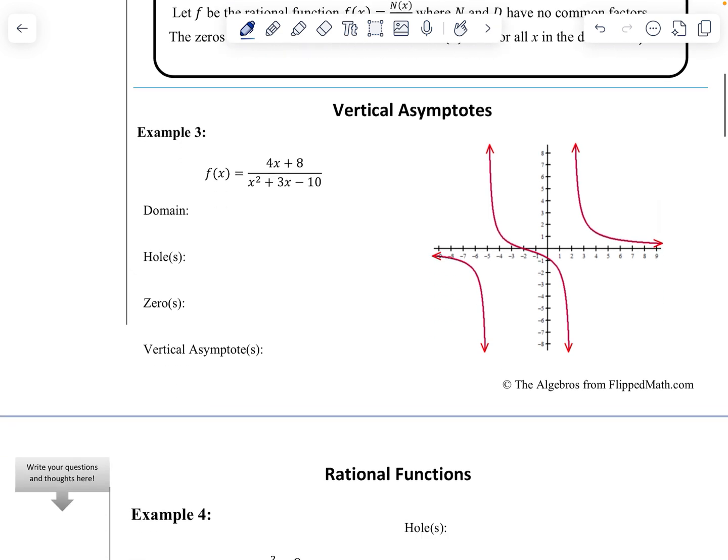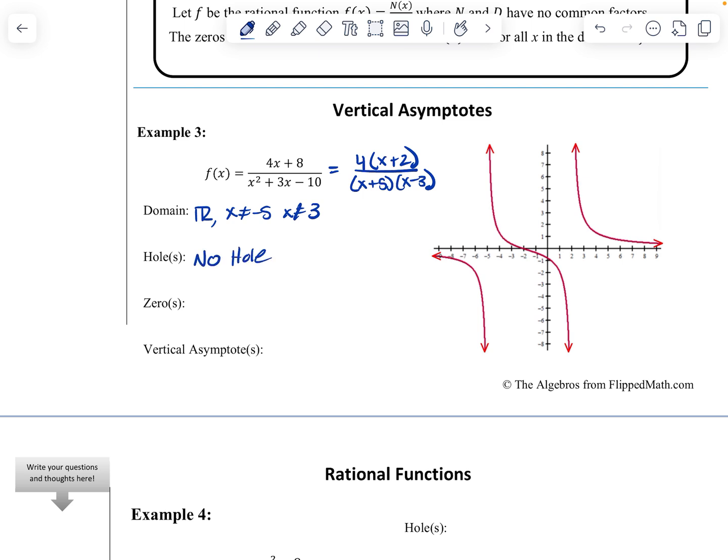So now we're going to take a look at how do we figure out where these vertical asymptotes occur. So the first thing we have to do is factor. And so this factors, take out a 4. Our bottom factors into x plus 5 and x minus 3. So our domain right now, we know it's all reals, but we could say x can't be -5 and x can't be 3. And we know there's no holes because nothing cancels out.